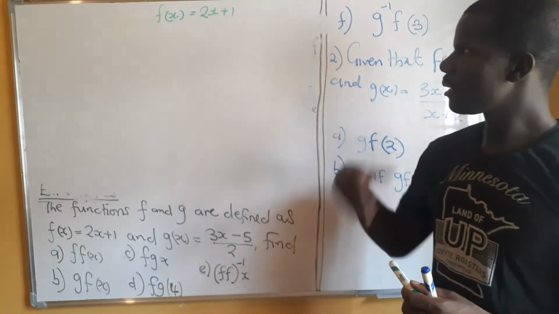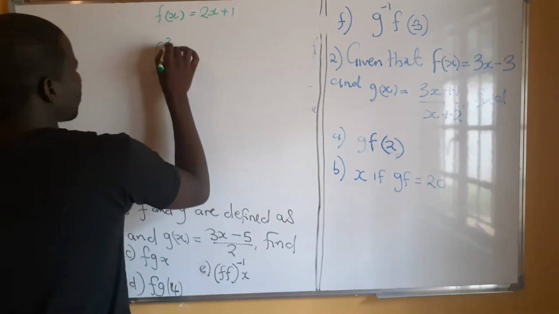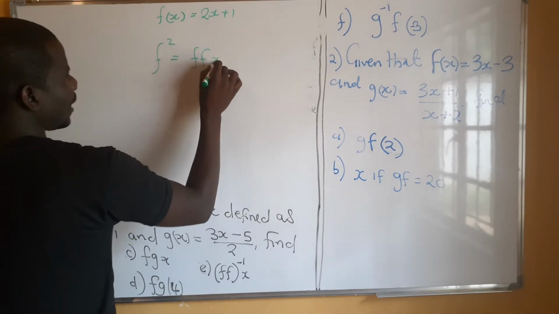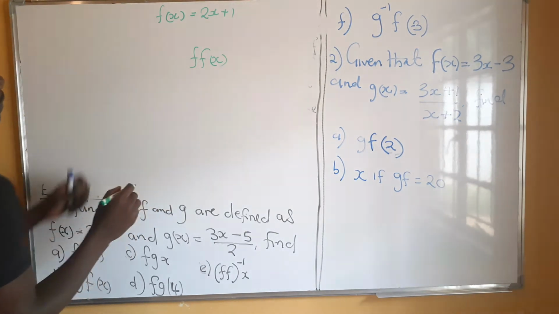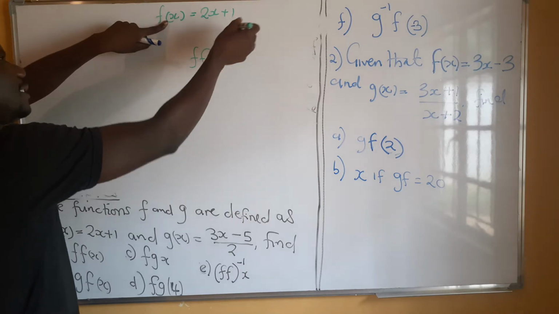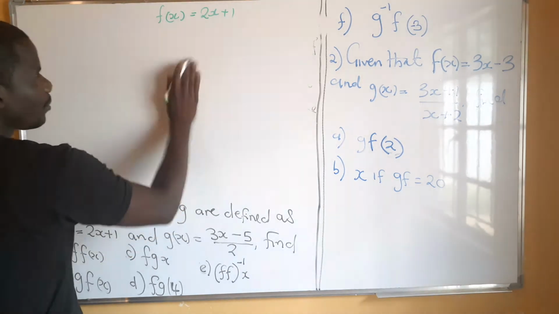Now, the question wants us to find f squared, which is the same as ff. So in this function, we need to bring in another function, the same f. That is what it means.